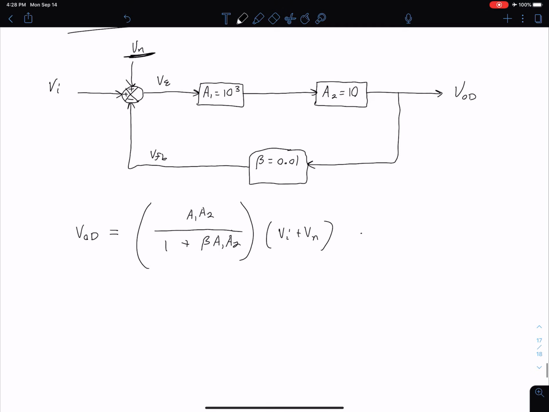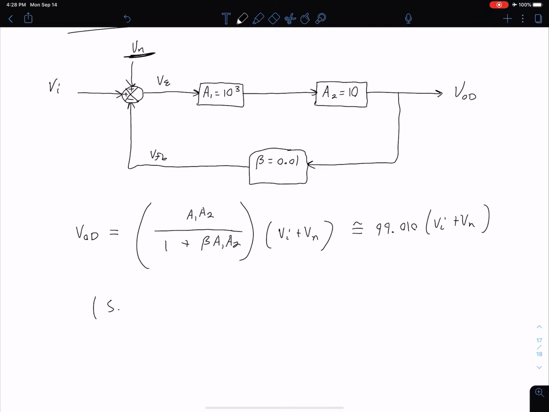So if we plug in these values, 10 to the third for A1, 10 for A2, and 0.01 for beta, we get that this VOD is approximately 99.010 times VI plus Vn. So both VI and Vn are multiplied by the same value.